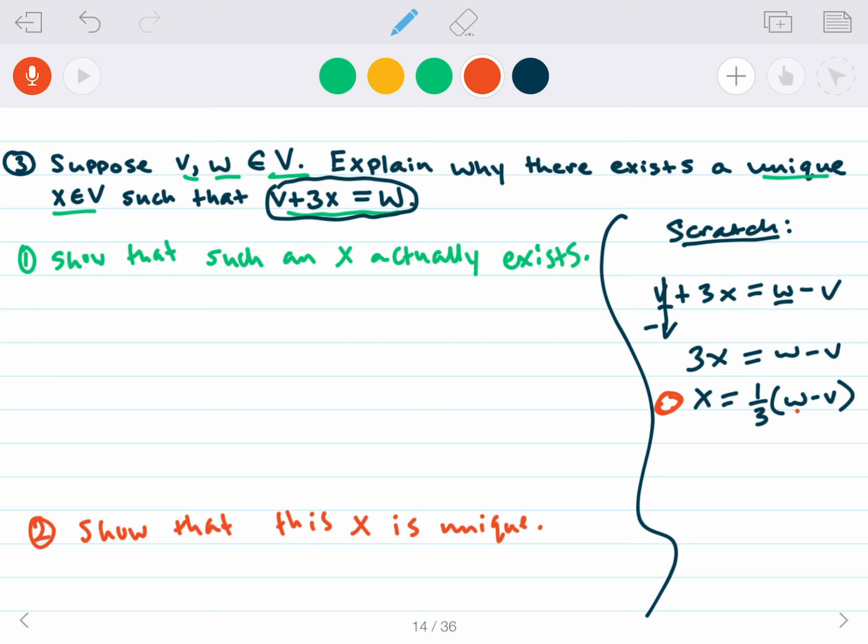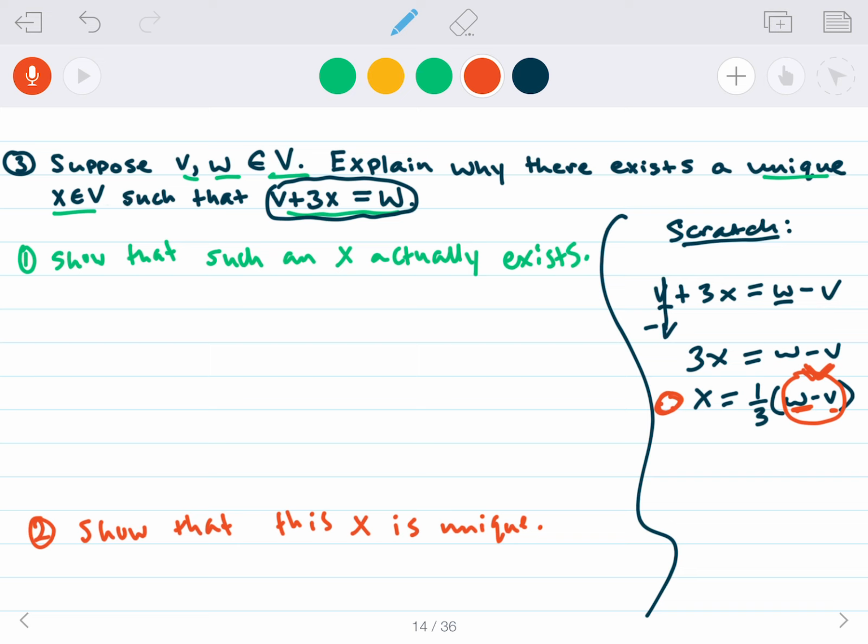Well, we assumed W was in V. We also assumed that V is in V. Since V is in V, its additive inverse is in V. And since capital V is a vector space, the sum of any two things in a vector space is in that vector space. So W minus V is definitely in capital V for those reasons.